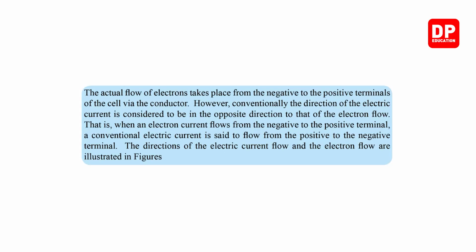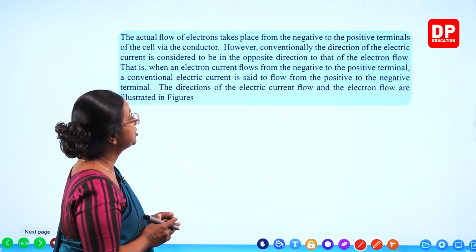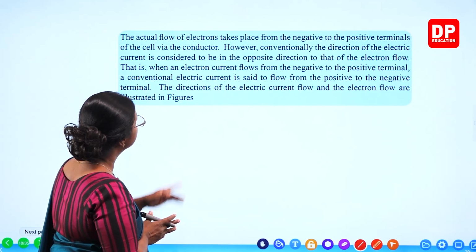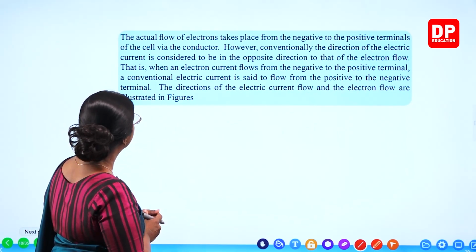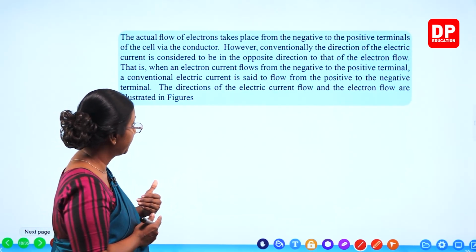The actual flow of electrons takes place from the negative to the positive terminal of the cell via the conductor, what we discussed. However, conventionally, the direction of the electric current is considered to be opposite to that of the electron flow, what I told you all several times before.